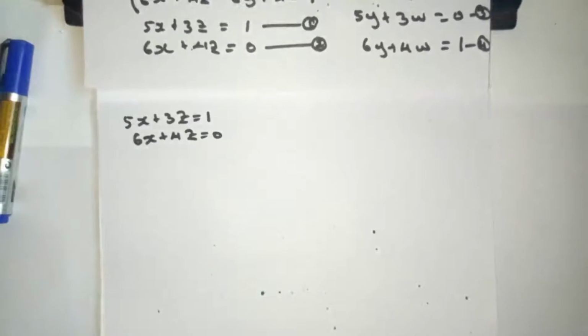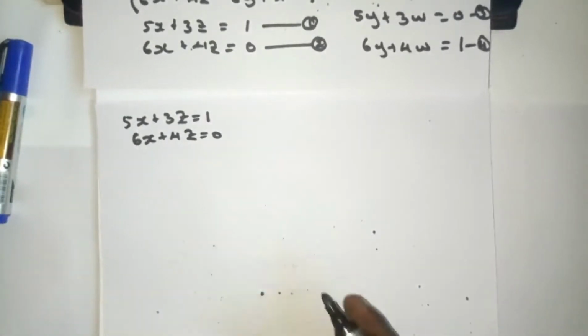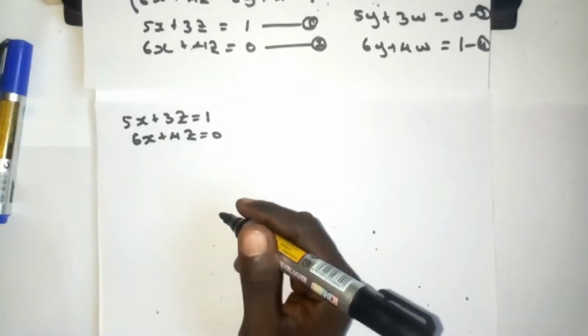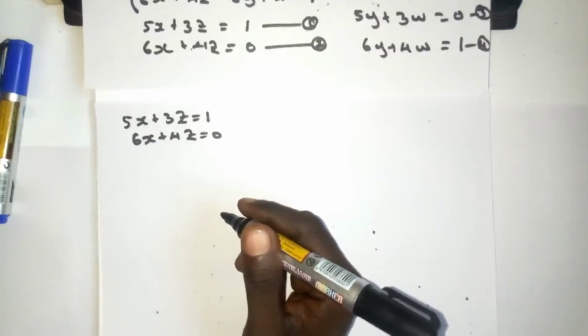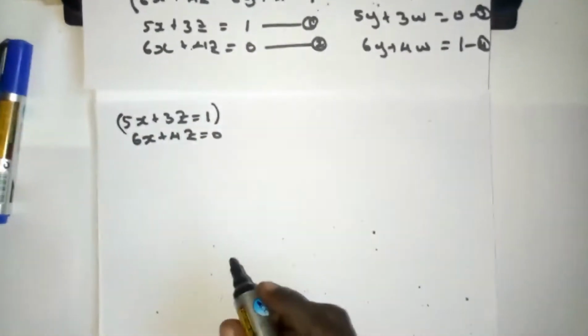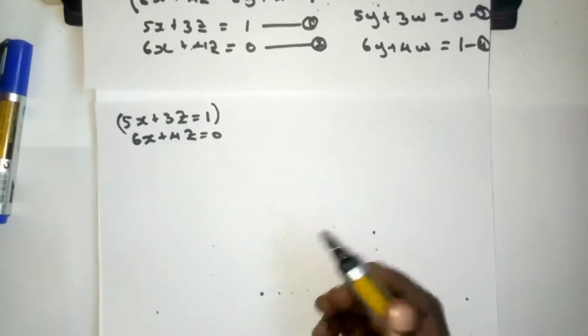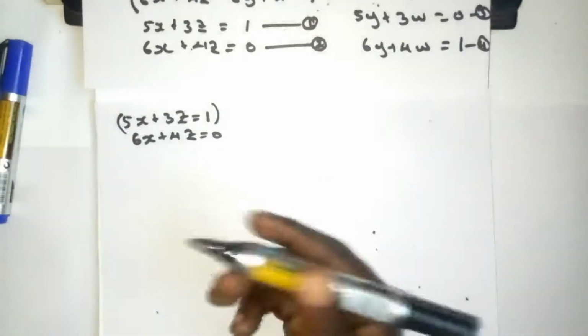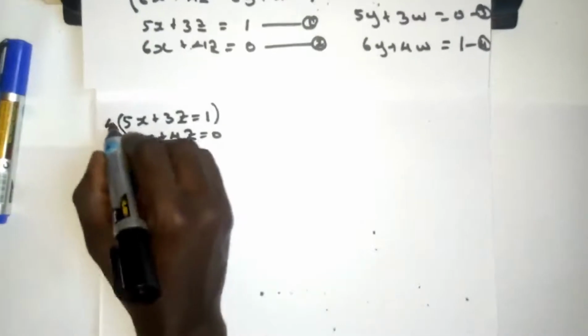Then I can use elimination method or substitution or any method you know so far on solving simultaneous equations. I'm going to eliminate something. I can decide to eliminate z, maybe. If you want, you can eliminate x, but eliminate the easiest, which is going to be z in this case.